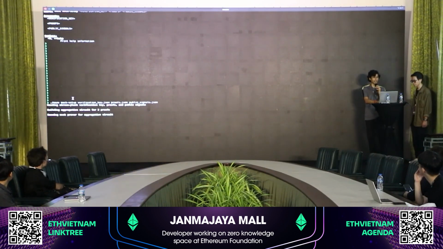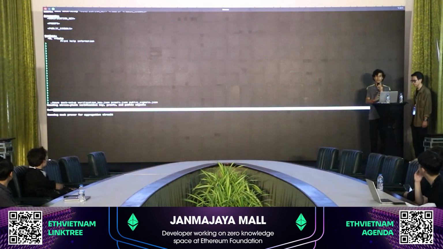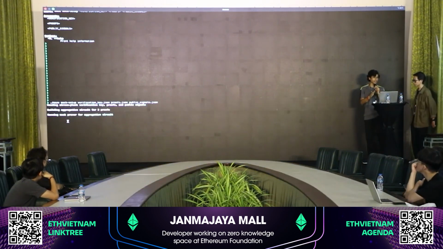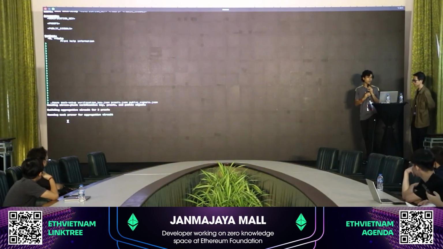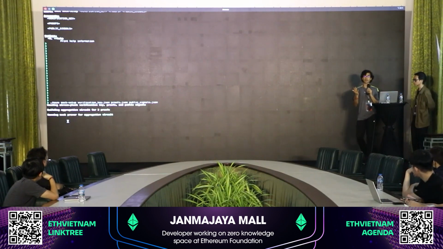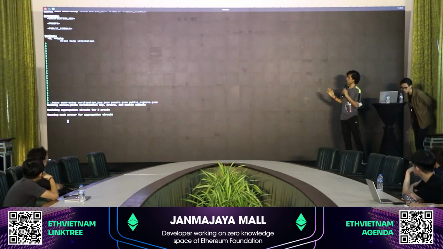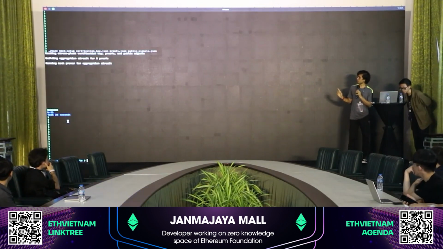It first reads the files, builds the aggregation circuit for two proofs, and right now it is running the mock prover on the aggregation circuit. It might take 10 or 20 seconds to show you whether everything went correctly or not. Let's just wait for it. Okay, there you go.